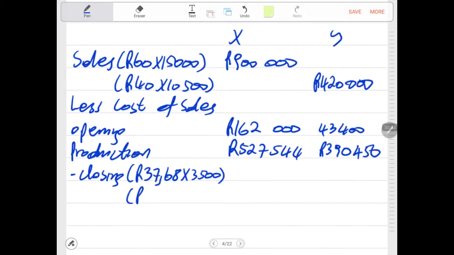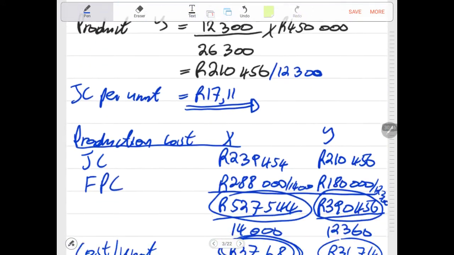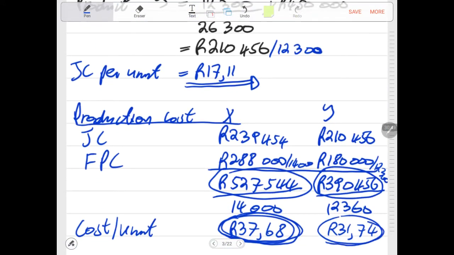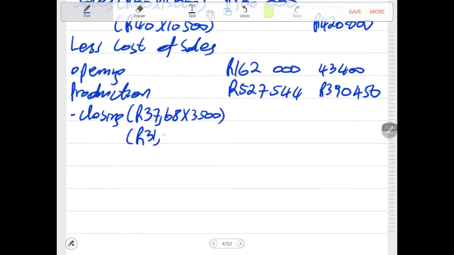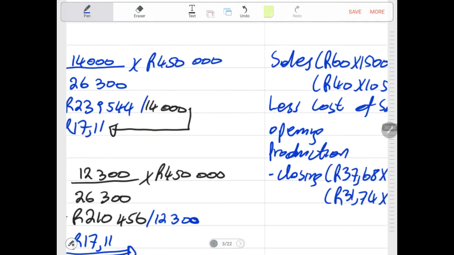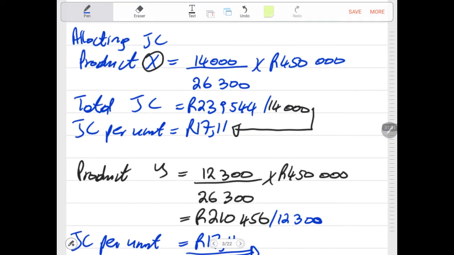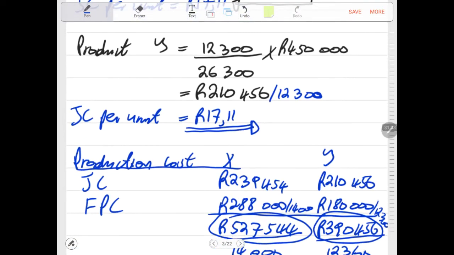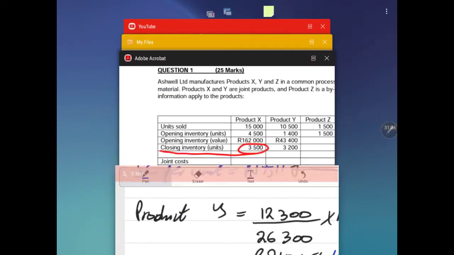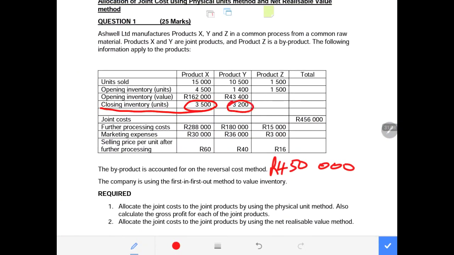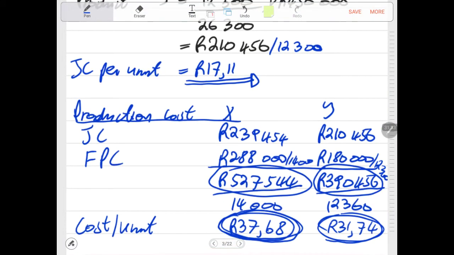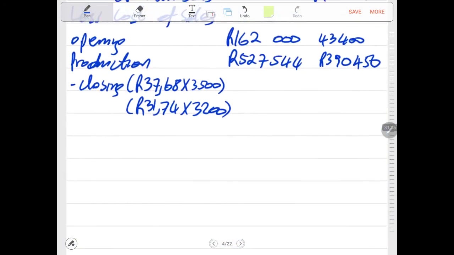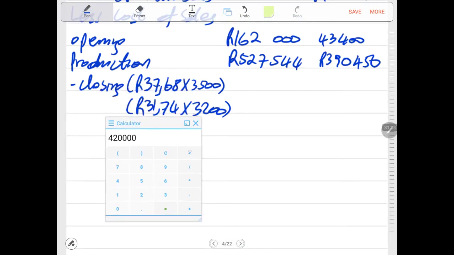Then for the second one, we had a different cost per unit of 31 rand 74 cents, by the number of units that were there at the end of the period, of which our closing inventory was given as 3,200 units. There we do have it. So we multiply by the cost of production during the current period. Now this will be our closing inventory.